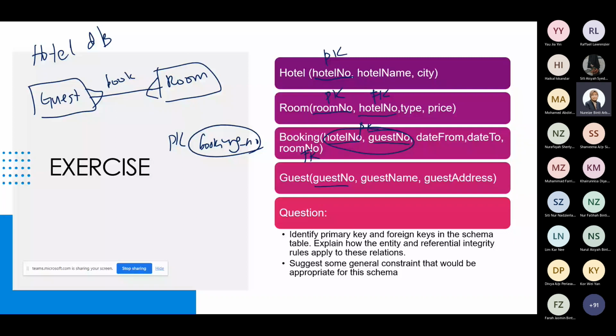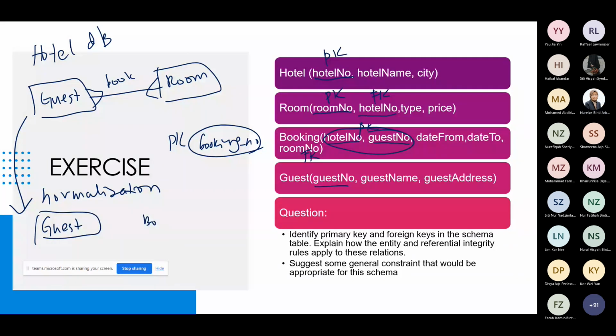When we have many to many, we need to remove the many-to-many situation. This is about data normalization. That's why they have a booking. When they do the normalization to convert many to many into one to many, they come up with guest, booking, and also room.